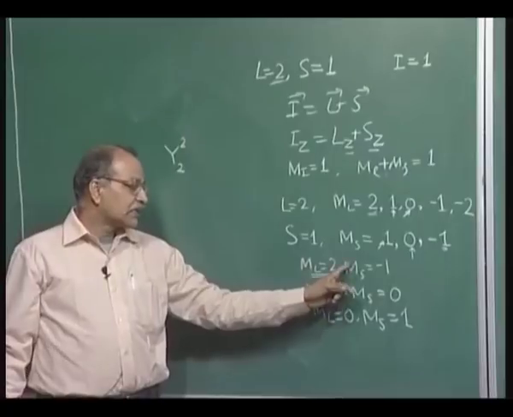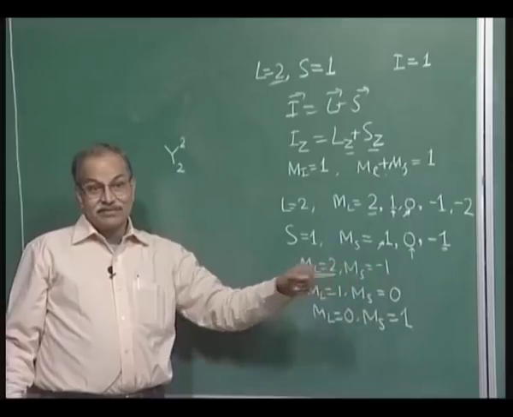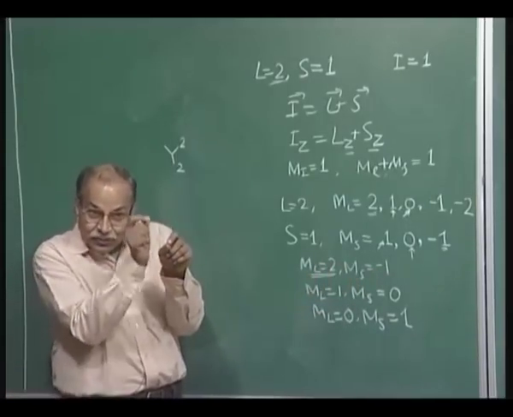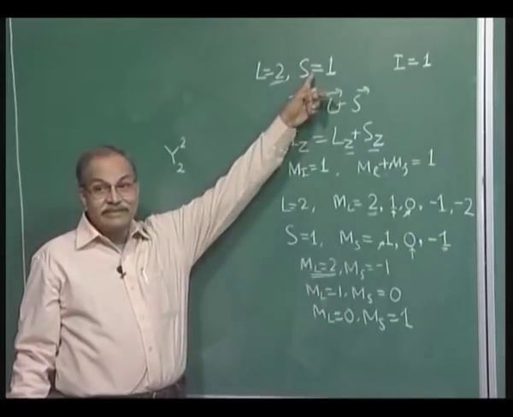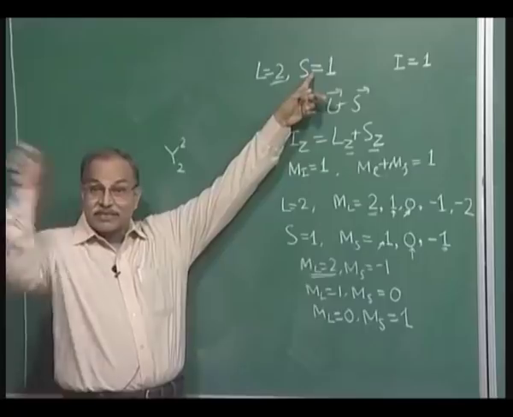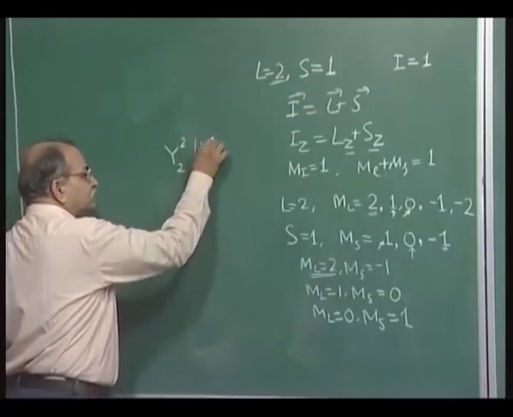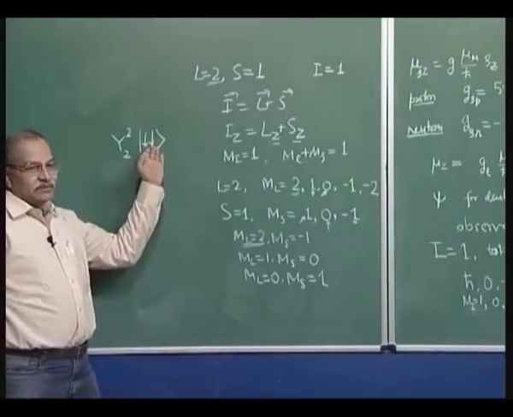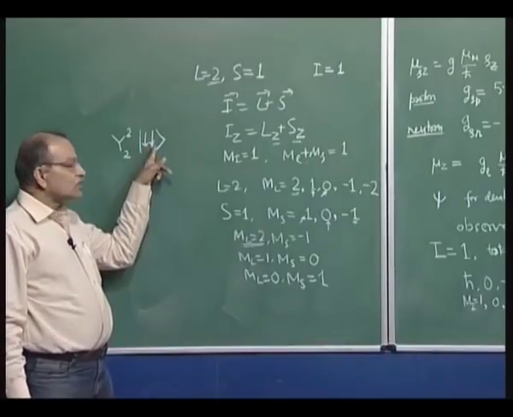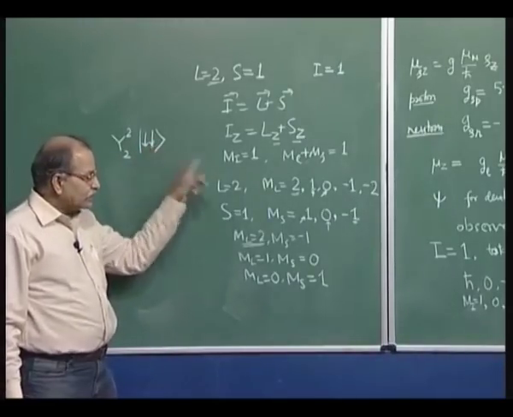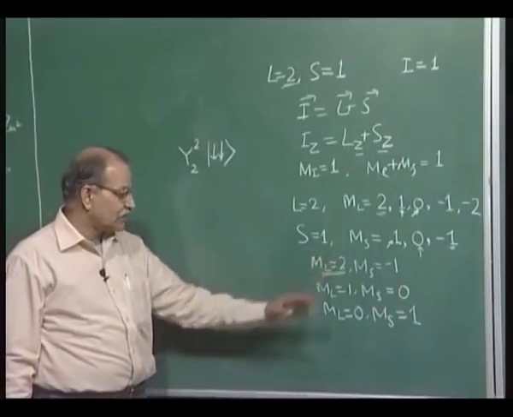With it goes M S equal to minus 1, and remember M S is the proton M S plus neutron M S, that is the total S. Total S is equal to 1, coming from S 1 plus S 2. So, minus 1 will mean that the spin part is like this: proton spin is minus half, Z component, neutron spin is minus half, so that this M S is minus 1. That is the first one.